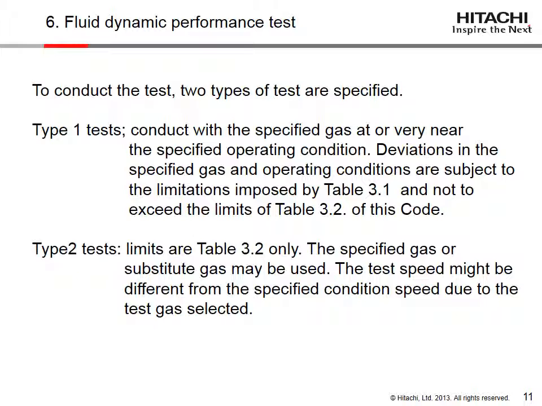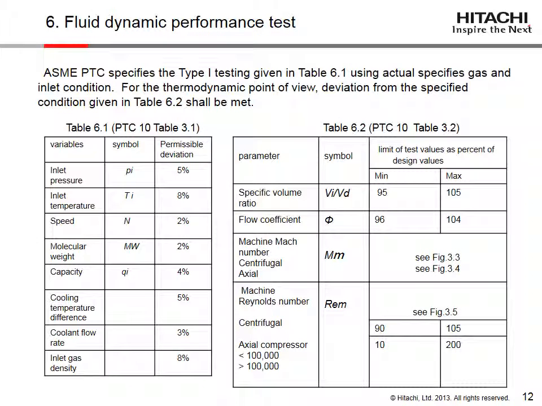The test speed might be different from the specified operating speed due to the test gas selected. ASME PTC specifies the type of testing given in this table using the actual specified gas and inlet conditions. From the thermodynamic point of view, deviation from the specified condition given in this table shall be met.